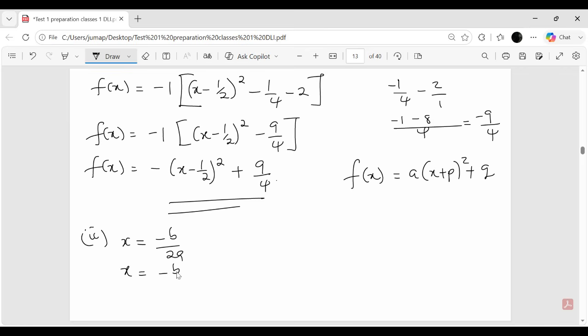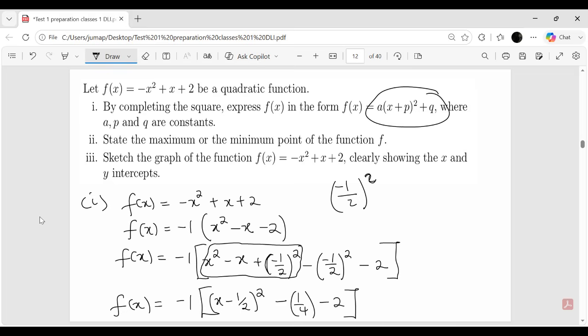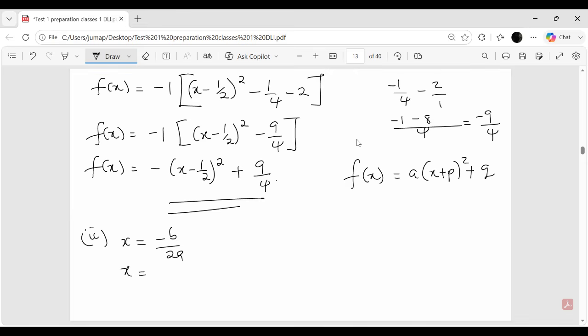So I will refer to the original function which we had, negative x squared plus x plus 2. That is what we had. So I know that here I have my a, which is negative 1, my b, which is 1, and my c, which is 2.